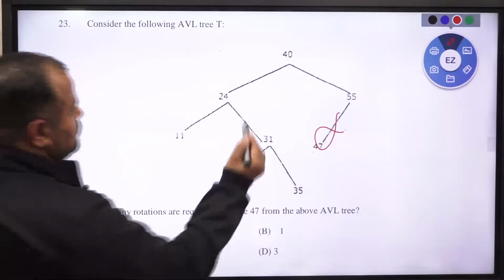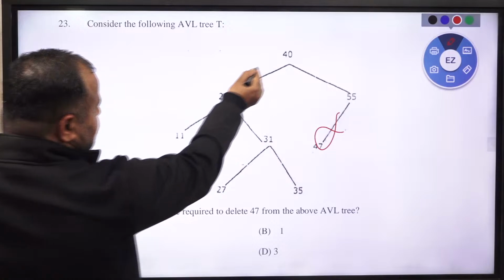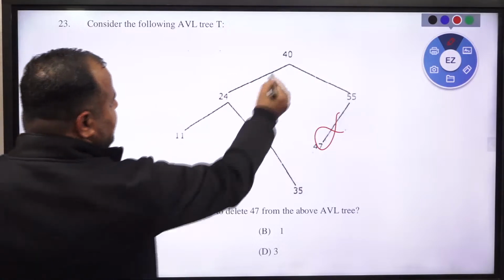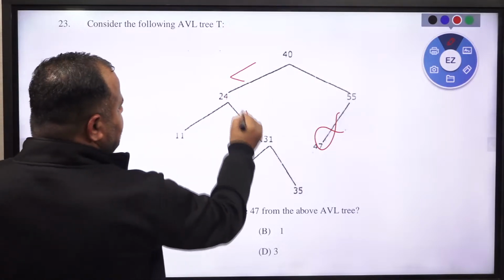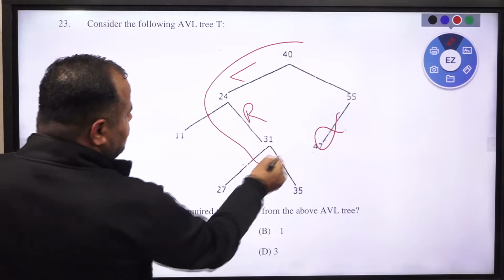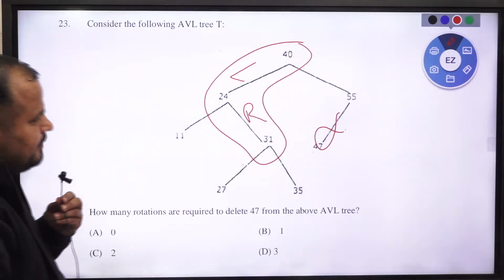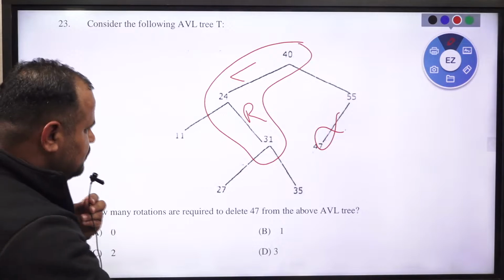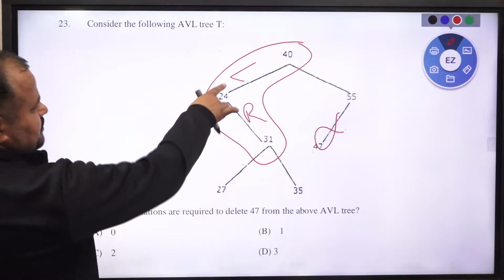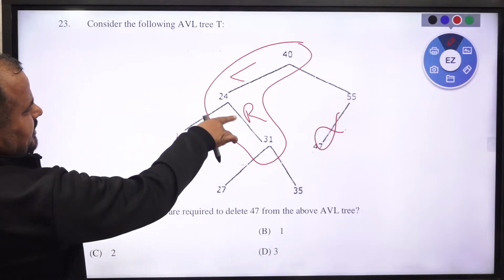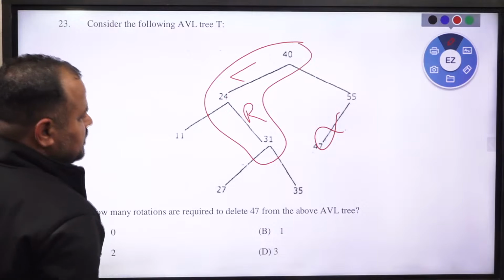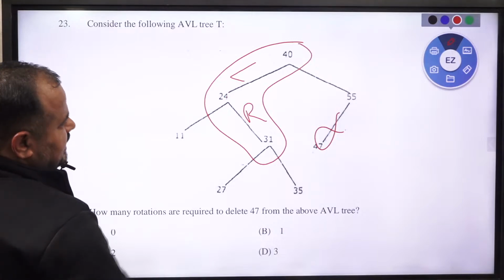Now, what you have to do? This balance factor is not due to this direction, left and then right. This is a problem of LR. If we have the problem of LR, first of all you need to convert this LR problem into an LL problem. So how to convert it into an LL problem?